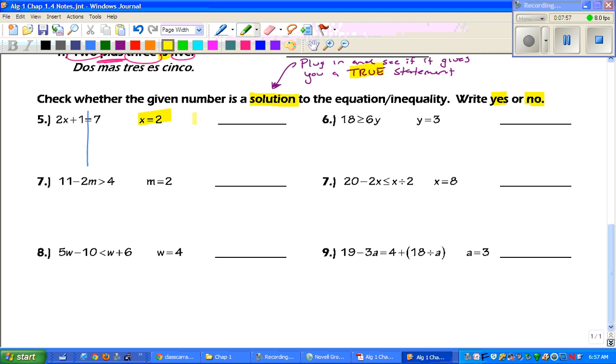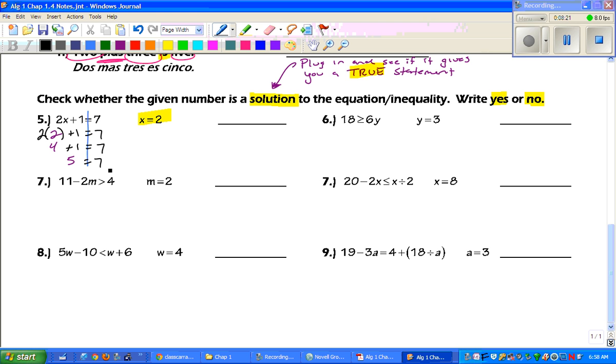And now, x equals 2. Let's start plugging it in. So we're plugging in 2. And now we're just doing order of operations. We need to multiply first. Everything else stays the same. 4 plus 1 is 5.